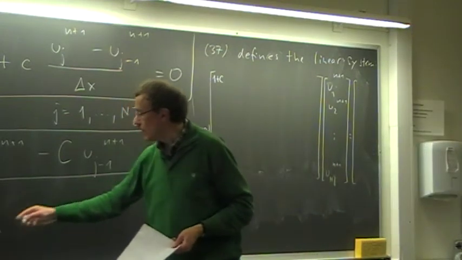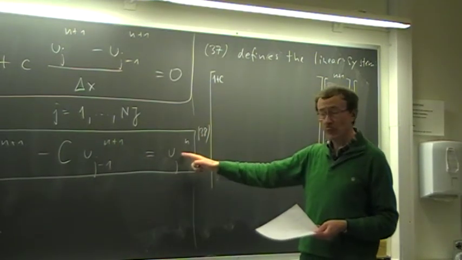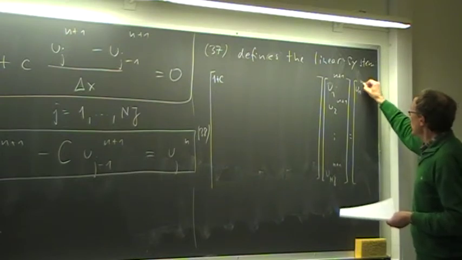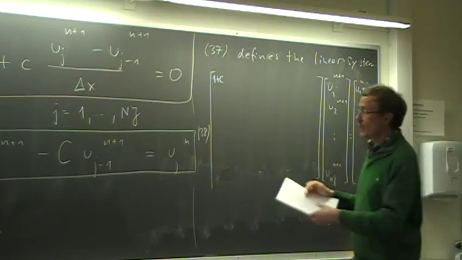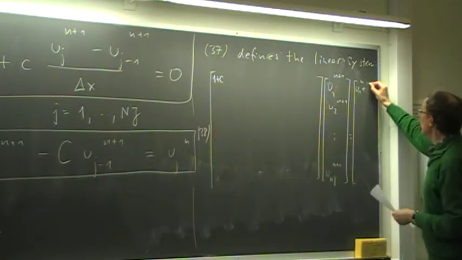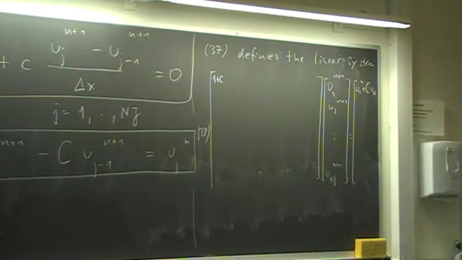It is u_a. We bring that on the right hand side. So we take the right hand side that we have. This is the u_1^n, and then we take this also to the right hand side and use the boundary condition. We get here the Courant number times u_a, which is the left boundary condition.